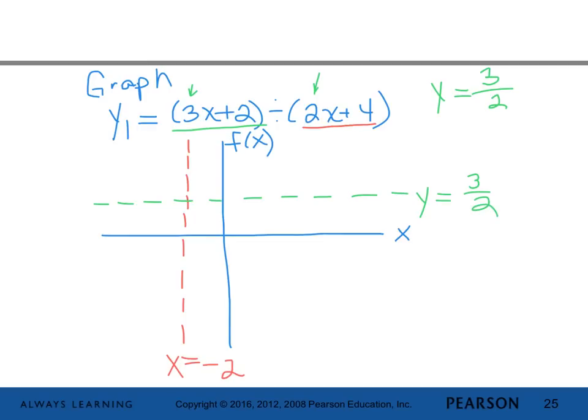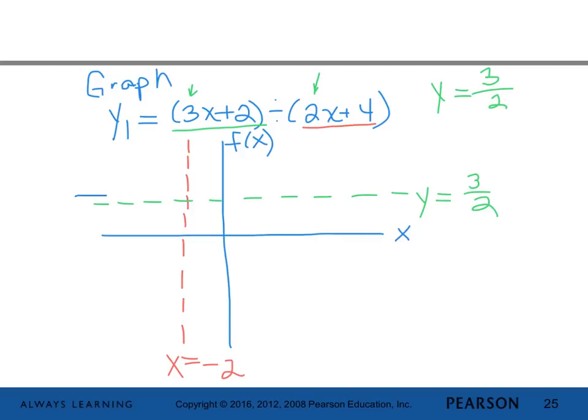And what we've just seen from the table is that as our graph approaches x equals negative 2 from the left, or the negative side, it's going to go up or increase without bound.